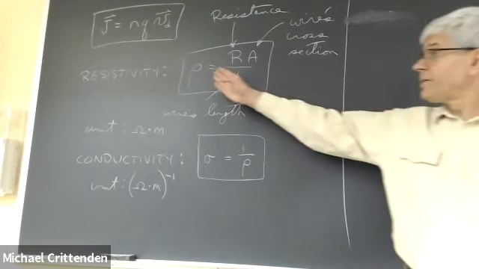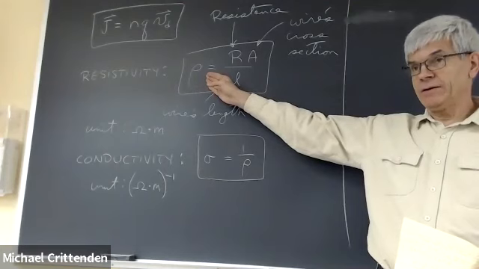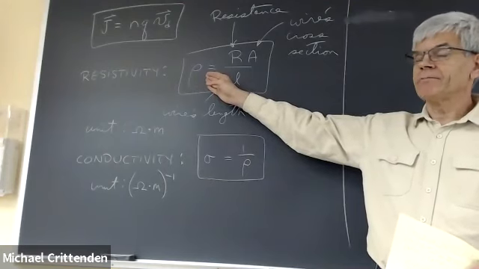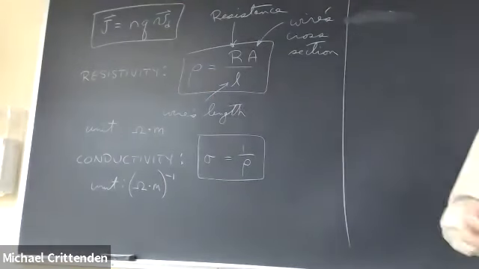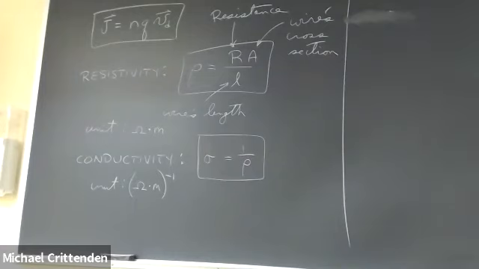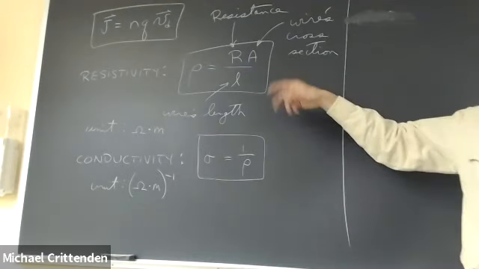So again, this is a property of the material. Silver has a smaller resistivity than iron, period. Resistance, on the other hand, also depends on the dimensions of the wire.